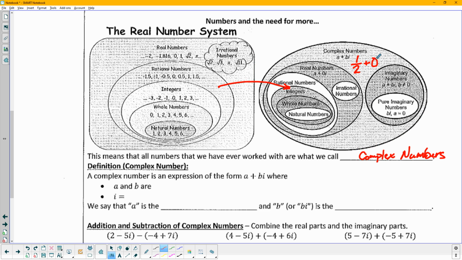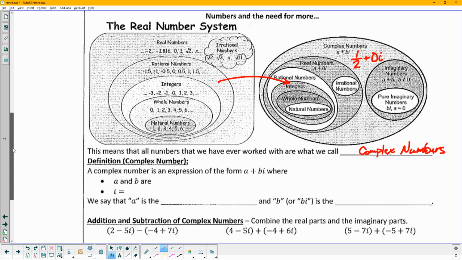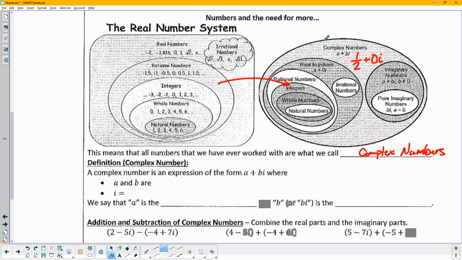It's just plus 0i. There's no imaginary part. So you can just say that it's 1/2 plus 0i. 1/2 is the a part, and 0i is the imaginary part, and there we go. It's a complex number. It's very boring when it comes to complex or imaginary numbers, but it still fits. Okay.